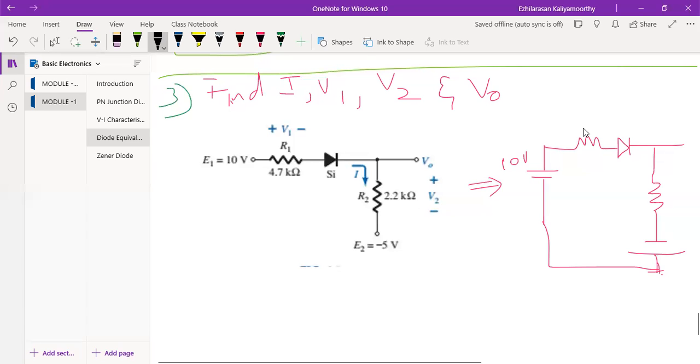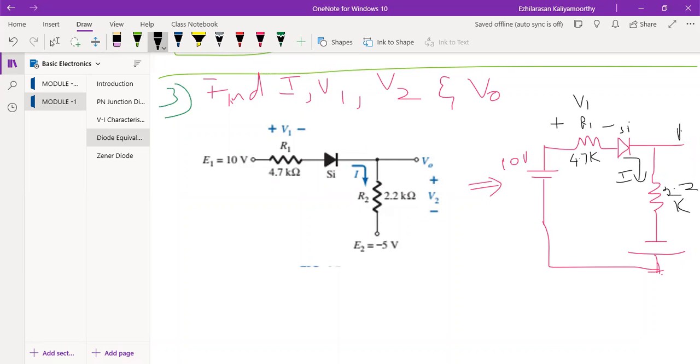So this is R1. This is Si, silicon, they have given us Si. This will be your 4.7 K. Then this will be 2.2 K. So this will be your I. Across this resistance only is nothing but V1 actually.